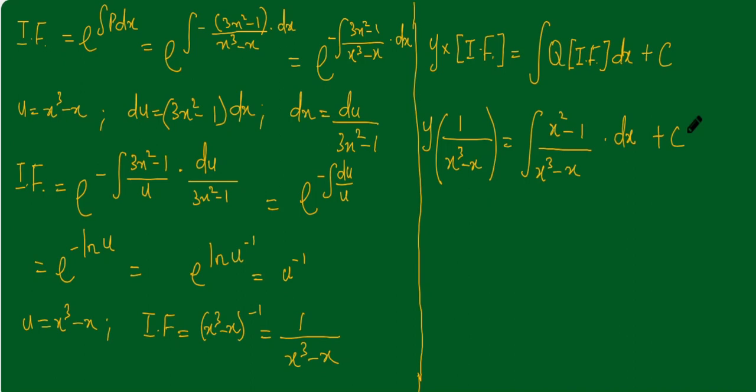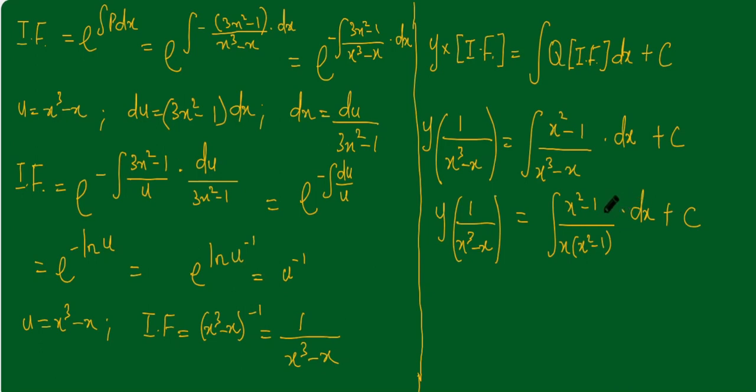So we can factorize the denominator of this right hand side and write it as y into bracket 1 divided by (x cubed minus x) to be equal to the integral of (x squared minus 1) divided by x into bracket (x squared minus 1) dx plus our arbitrary constant. So this becomes y into bracket 1 divided by (x cubed minus x) is equal to the integral of dx divided by x plus c.